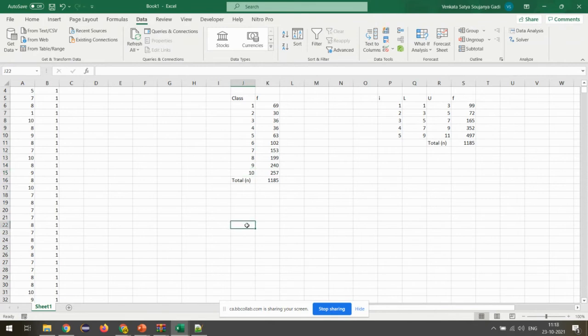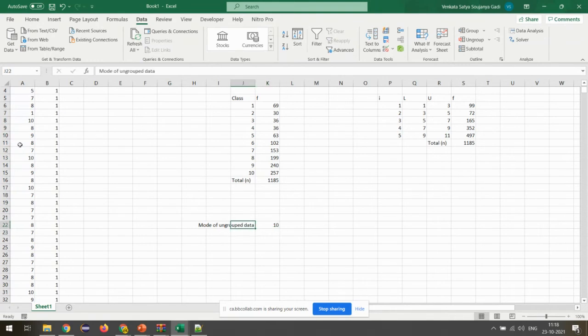So the mode of the ungrouped data, which we consider accurate, has only one mode, and it is 10.